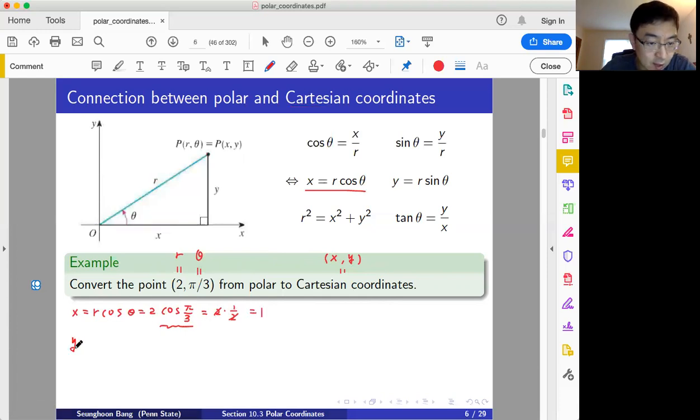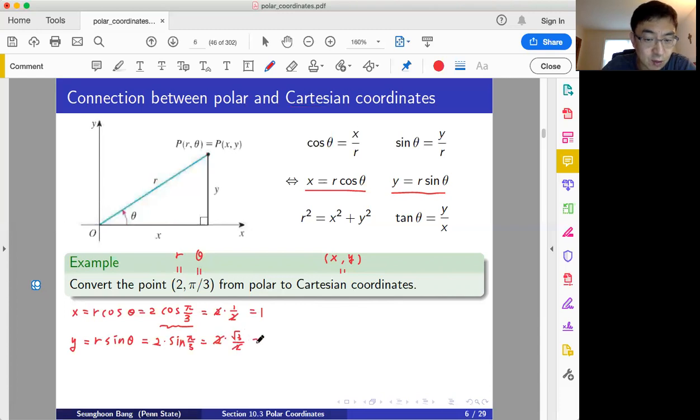What about y? Y equals r sine theta, which is 2 times sine of pi over 3. Sine pi over 3 is root 3 over 2.